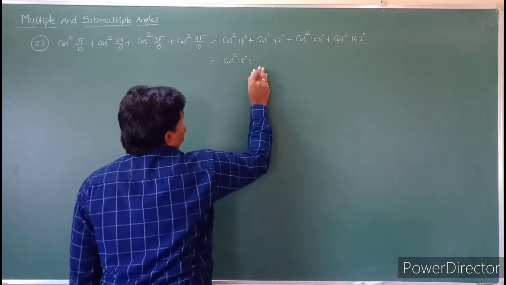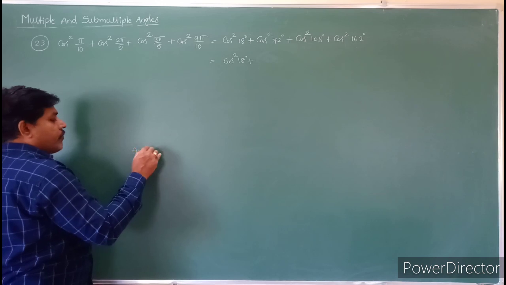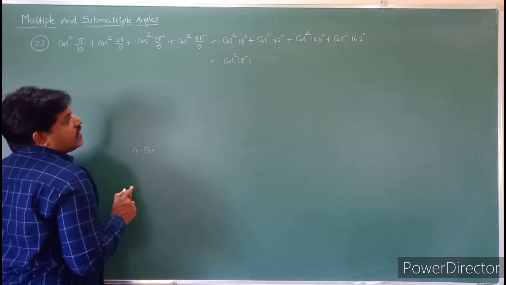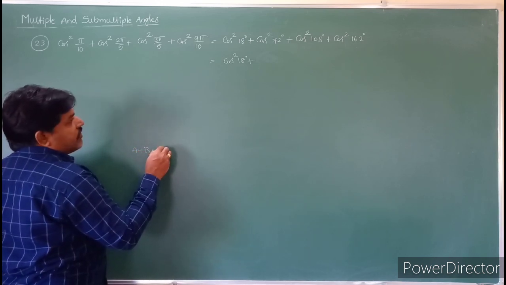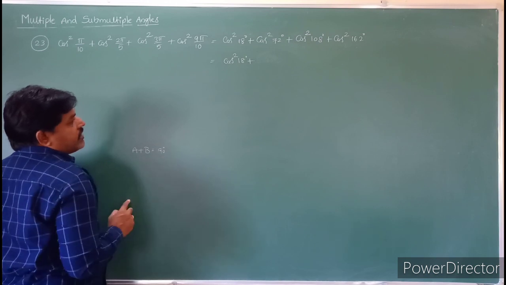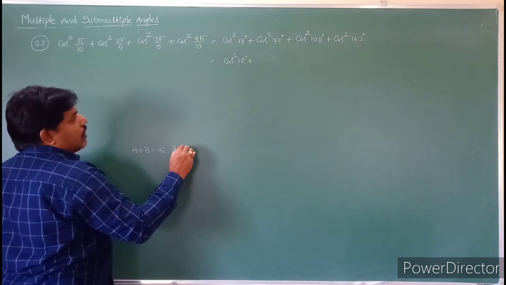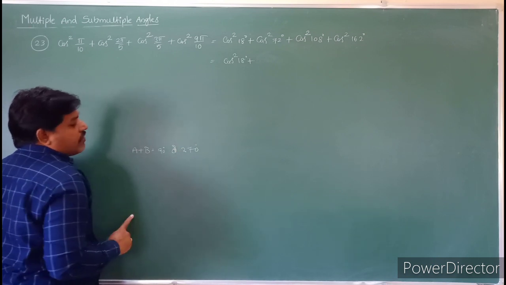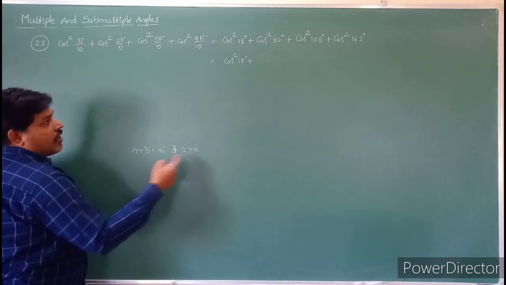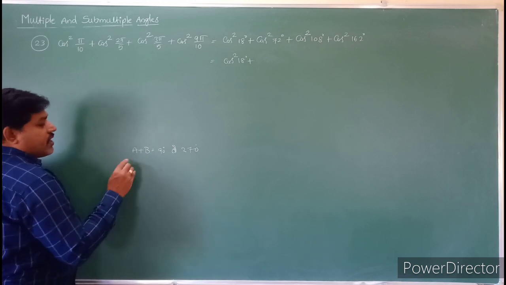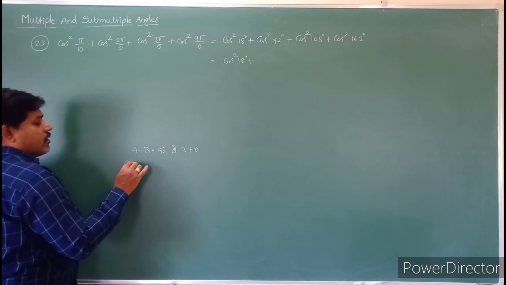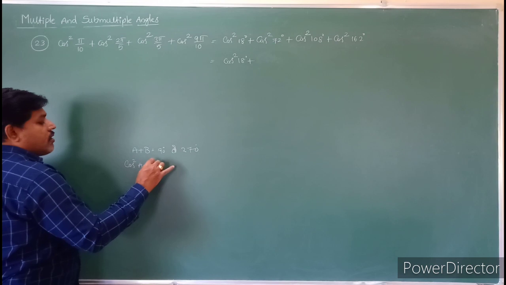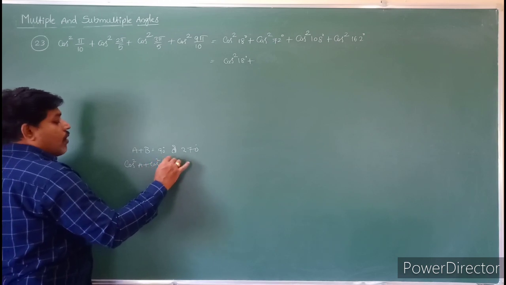plus, so if a plus b is equal to 90 degrees or 270 degrees, a plus b is equal to 90 or 270. If a plus b is 90, then see this one, cos square a plus cos square b. What happens, students?